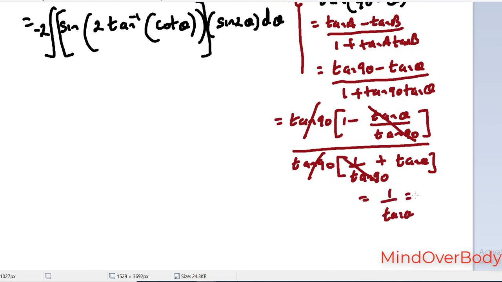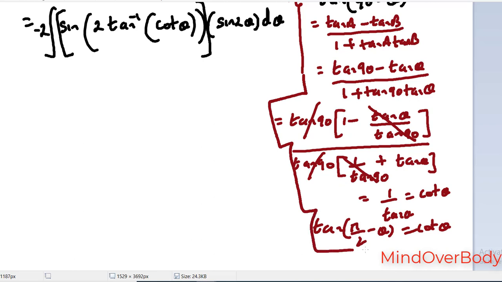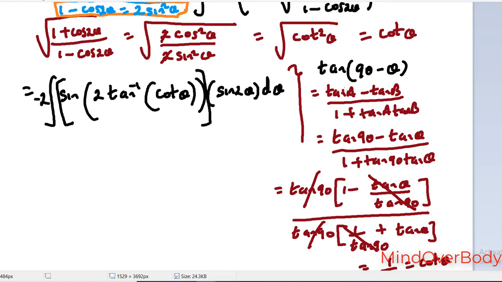Now I did all these things to show you that I can write tan of pi over 2 negative theta as cot theta. Now this is very important. Why is it very important? More often than not, students will get confused, because tan 90 is actually heading towards infinity. That's why. So having given you this information, I can safely rewrite this quantity cot theta as tan of 90 minus theta.